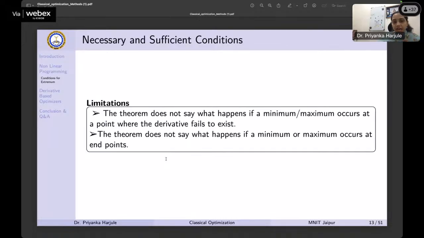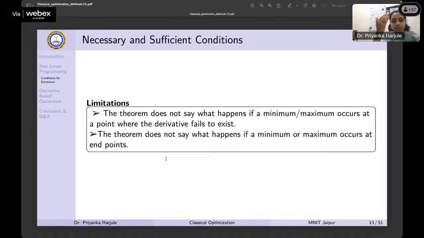The second limitation is that the theorem does not say what happens if the function is not differentiable. For example, take the function f of x equals mod x. All of us know this function very well: f of x equals mod x is not differentiable at x equals 0. But the minimum point for mod x is 0 only.